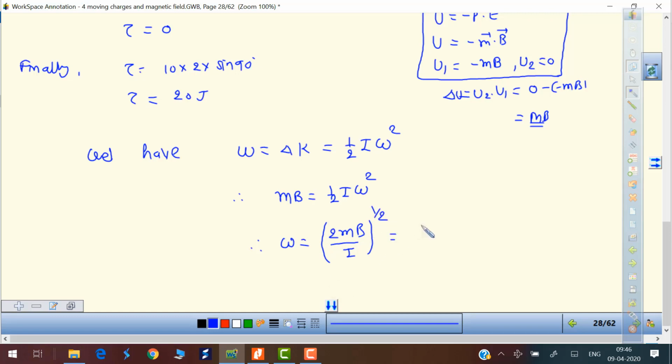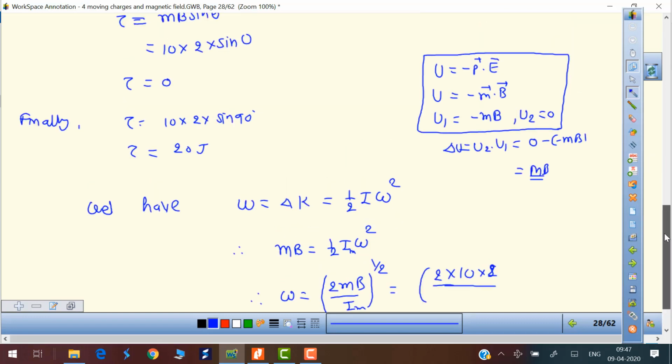So if you put this value, 2m we already calculated 10, B is 2 Tesla, yes, 2 ને. And divided by I, this is moment of inertia. This is moment of inertia, it is not current. So moment of inertia કેટલા આપેલા છે?